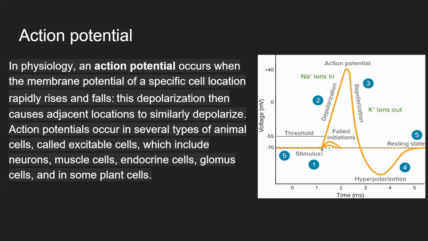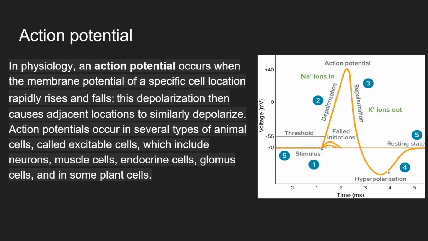resulting in a large influx of sodium ions. Number three is membrane repolarization, which results from rapid sodium channel inactivation as well as a large efflux of potassium ions resulting from activated potassium channels.